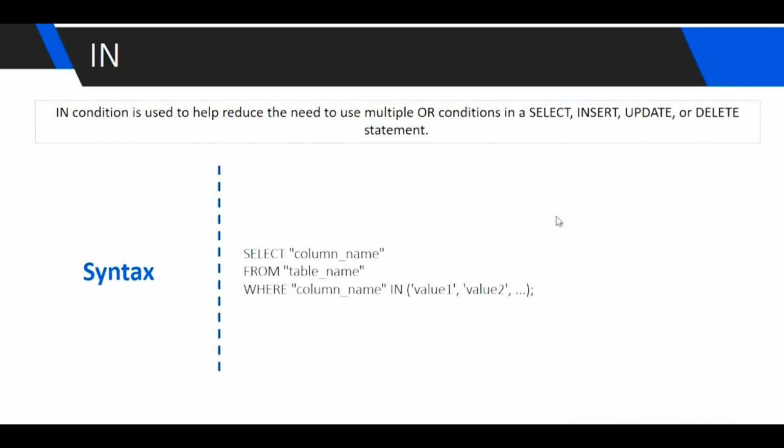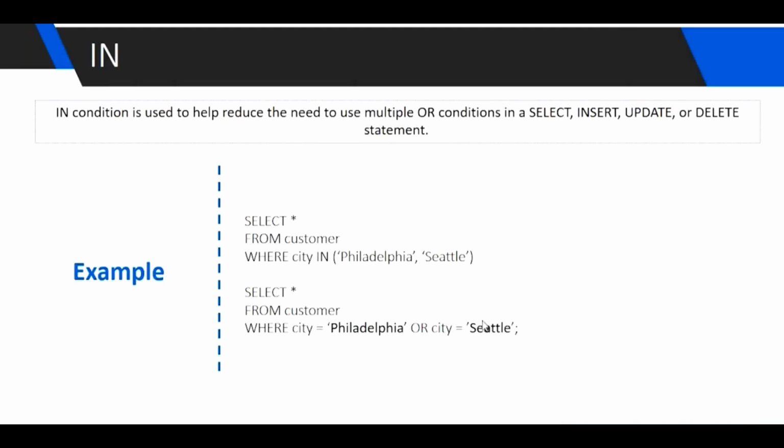You select the column names that you want from the table name, and then you write the where condition, and after that you specify the in command with all the values specified in one single block. So this column name that you have specified with the where condition, this column can only have these values in the retrieved dataset. So let us look at some of the examples. For example, in our customer table, if I want to see which customers belong to the city Philadelphia or Seattle, there are two ways to do that.